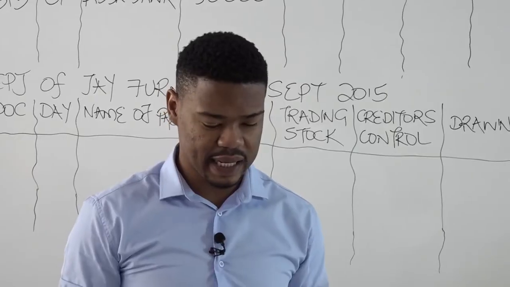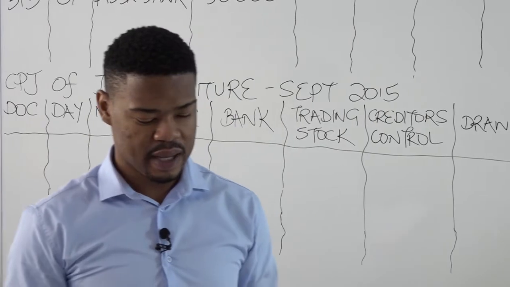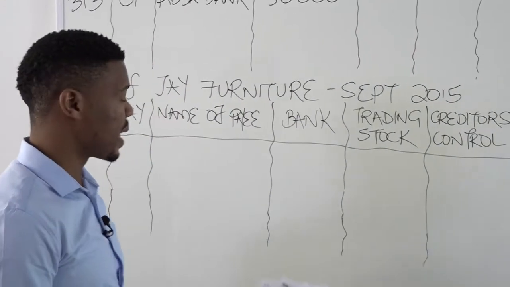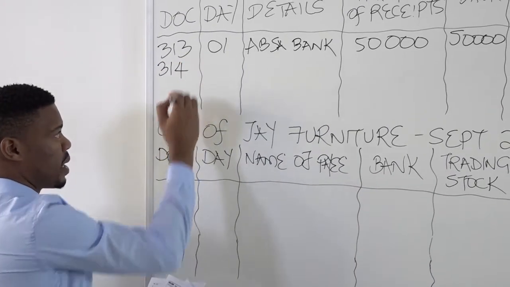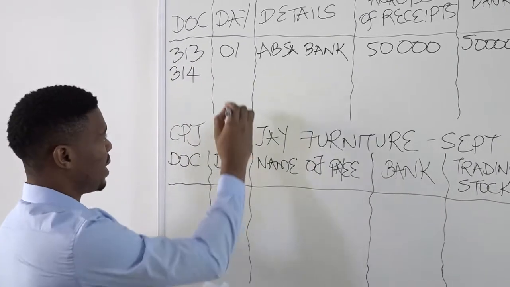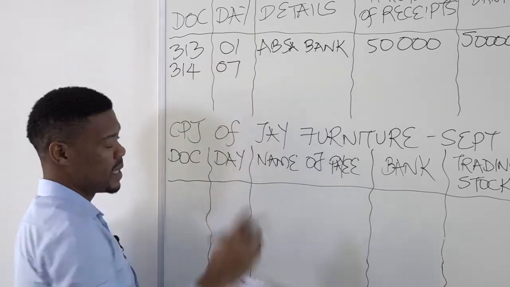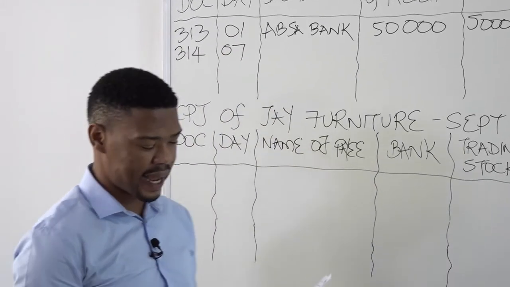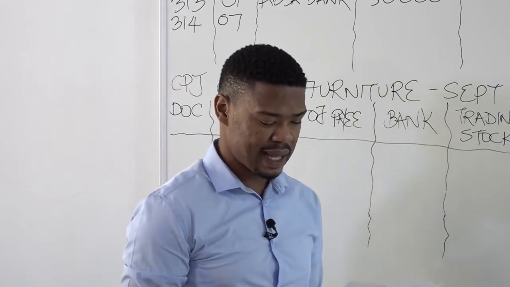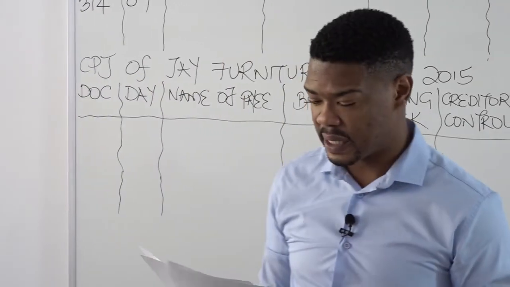The next transaction is on the 7th of the month, receipt number 314. Receipt number 314 under document number. The date is the 7th. And then the transaction says rent from Eastern Carpets, 3,400.